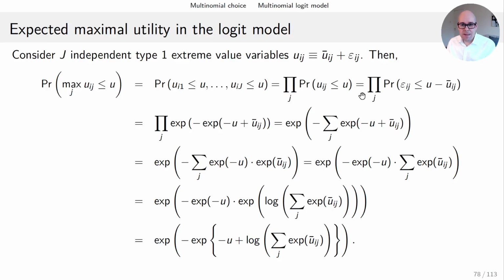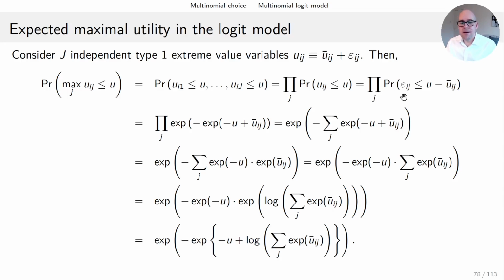And next I can plug in the functional form. u bar ij plus epsilon ij is equal to uij. I'm putting epsilon ij already on the left-hand side of the inequality.